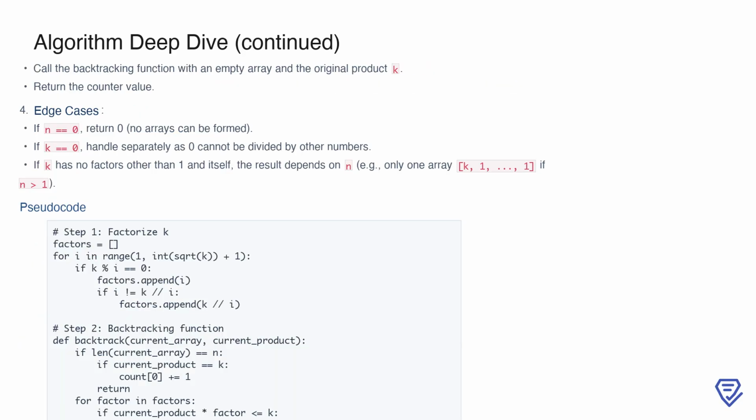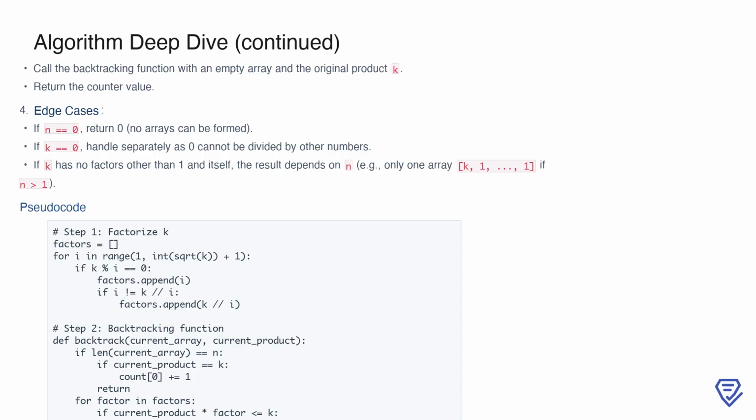Using the backtracking approach, we start by calling the recursive function with an empty array and the original product k. The goal is to incrementally build valid arrays while keeping track of the total count. Once the backtracking process completes, we simply return the counter value, which represents the total number of valid arrays.